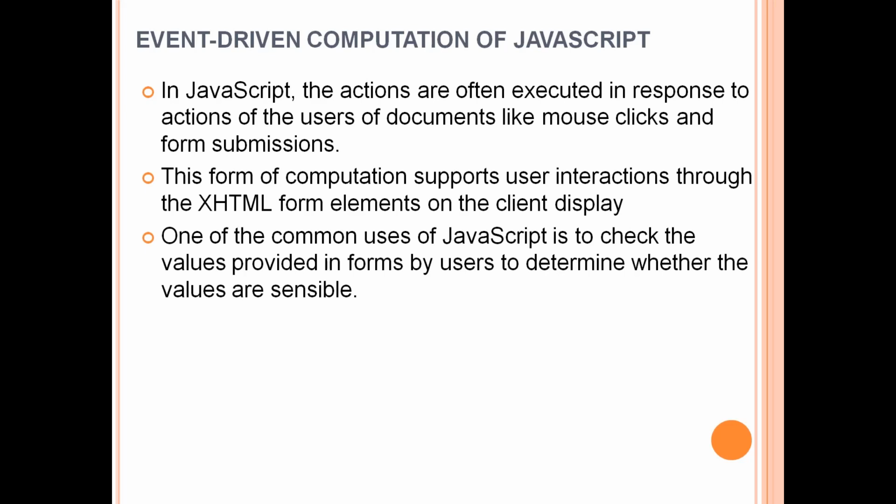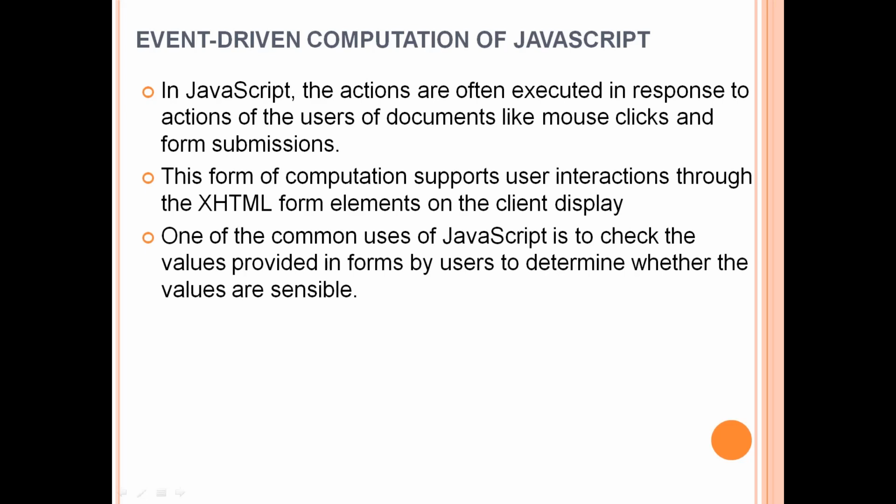Event driven computation of JavaScript. JavaScript is also an event driven programming language like the Java programming language, or like the languages which are based on .NET, like C# .NET and other .NET programming languages.